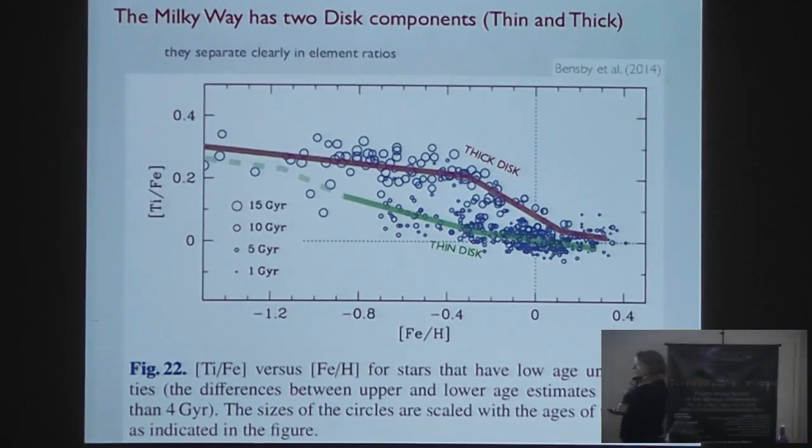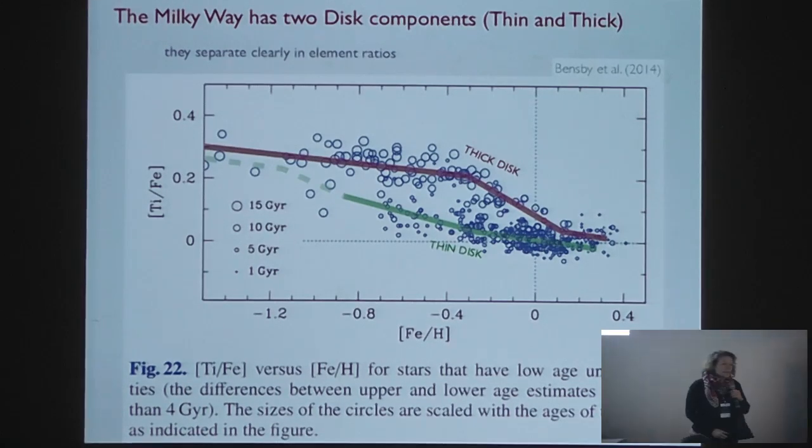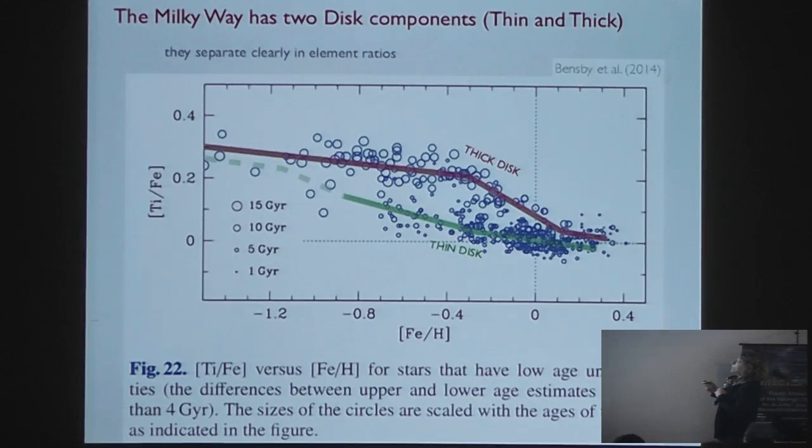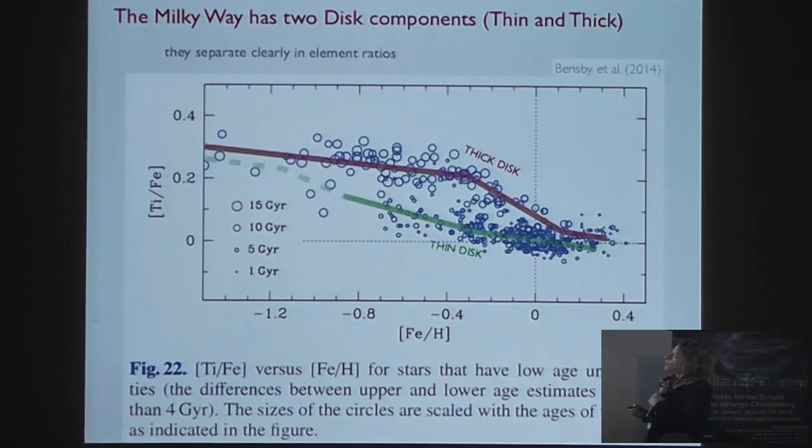And so let's stop talking methods and start talking about results. A few years ago, Thomas Bensby et al. measured many alpha elements and iron from a sample of very high resolution, exquisite quality spectra of stars near the sun. He could construct this plot in which this is titanium abundance over iron, and titanium is an alpha element.